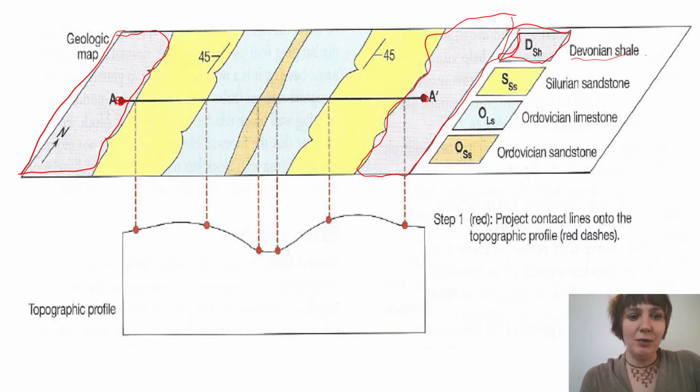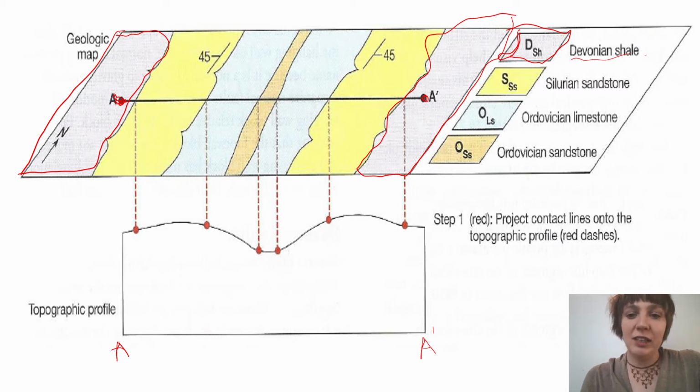If I was doing this not on the computer, that would be a separate piece of paper in a lot of instances, but sometimes lab activities will have this little drop-down box for you. So here, the actual location of A is right there. The actual location of A prime is right there.